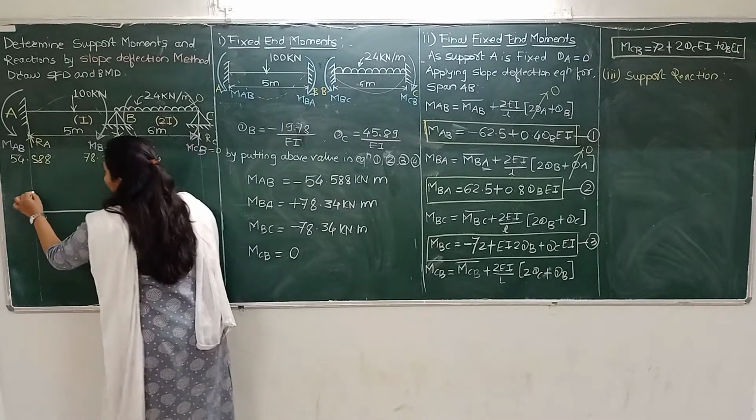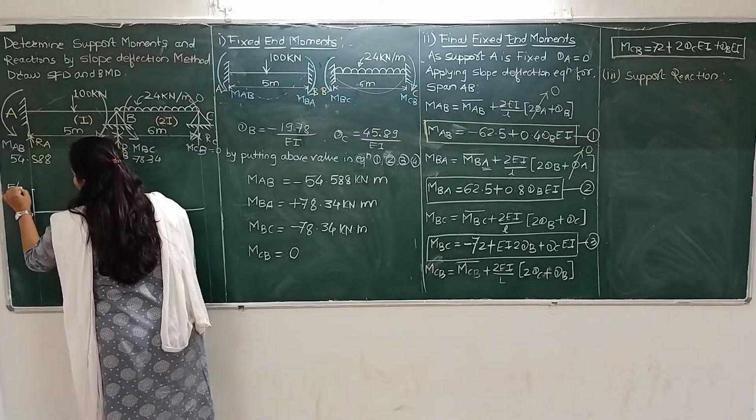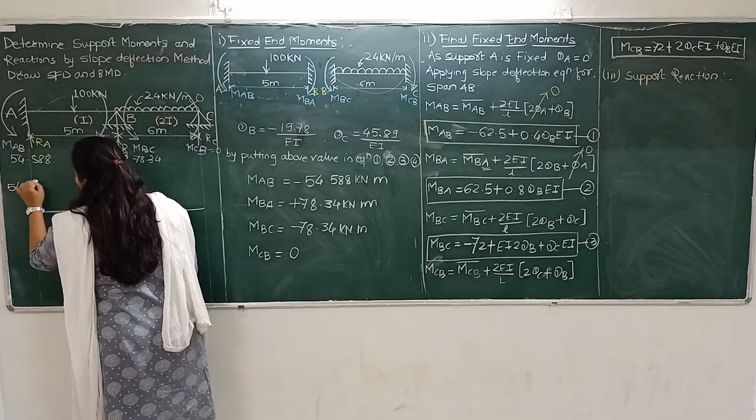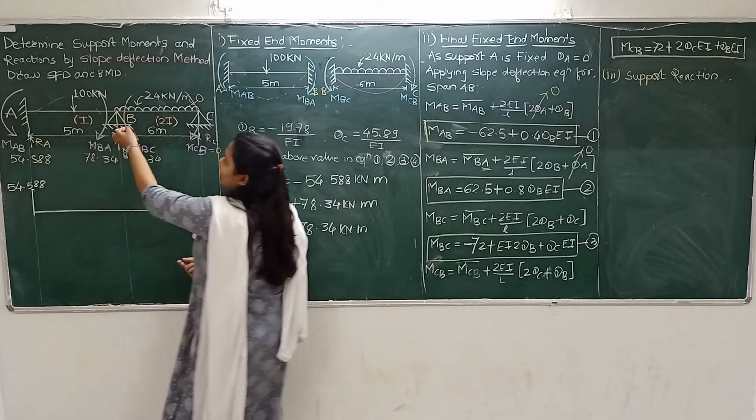So we show this on the negative side, a negative bending moment of 54.588, and this also creates a hogging bending moment.